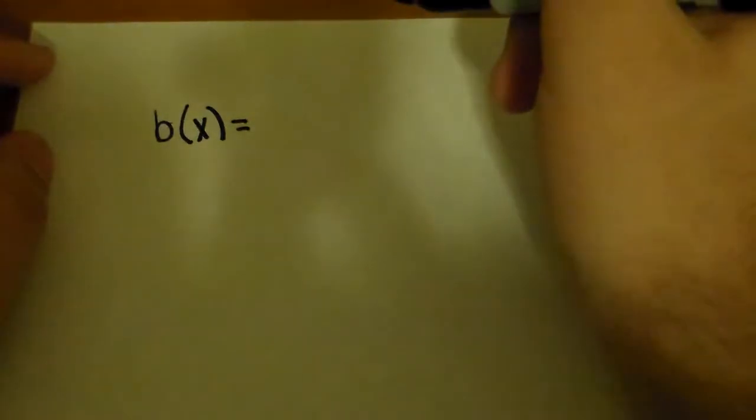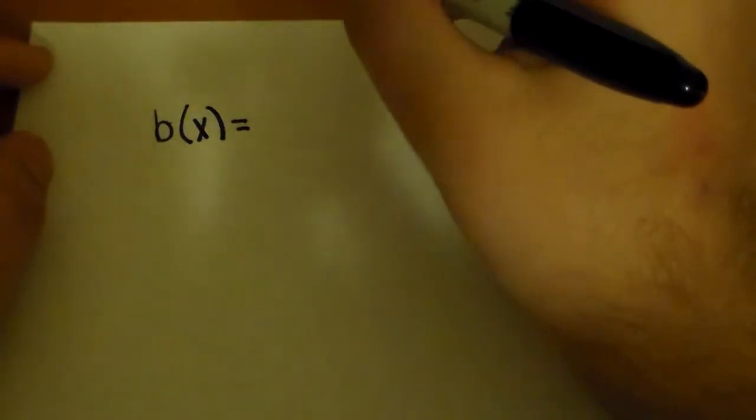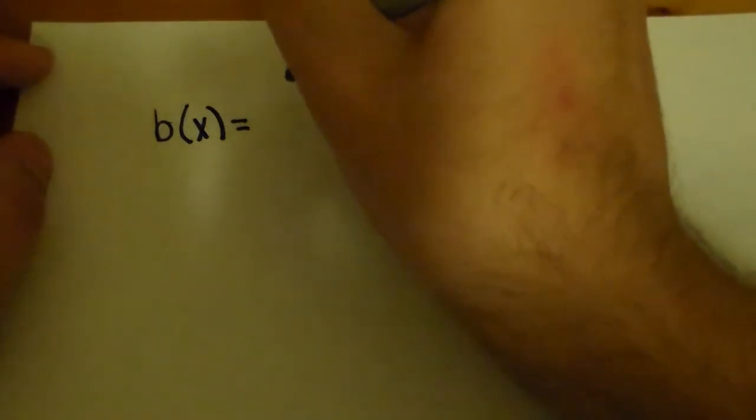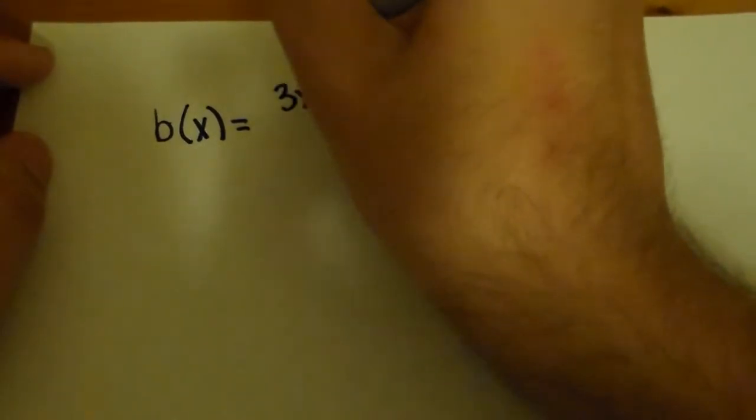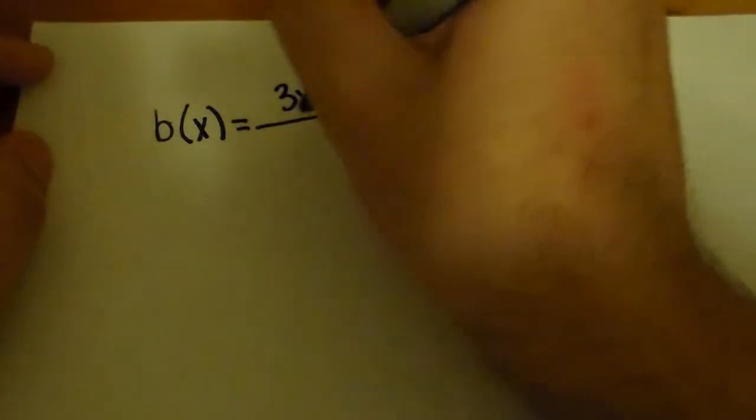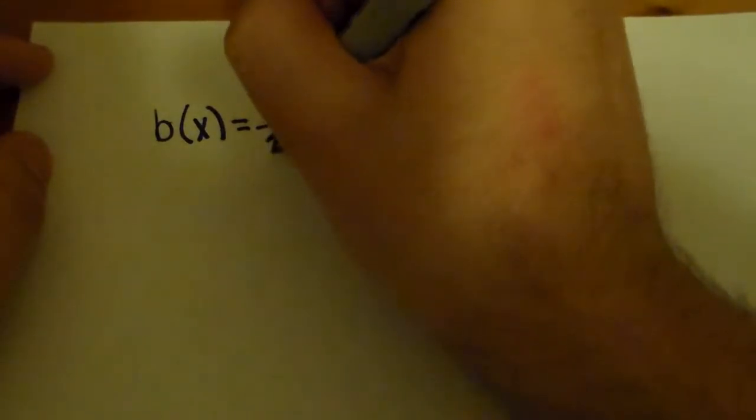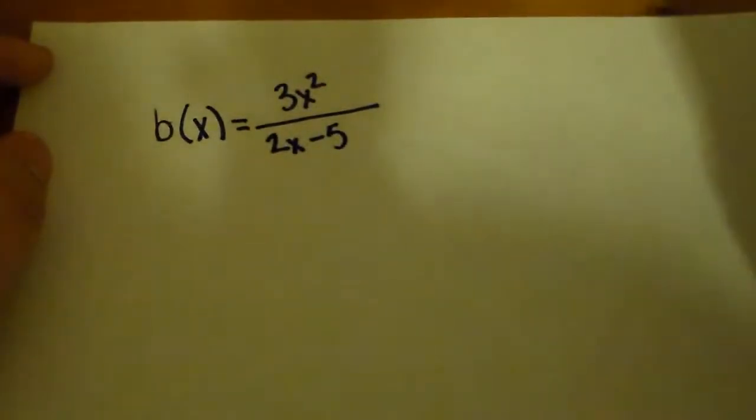Let's just do one more problem with the quotient rule. So let's just do b of x equals, let's say, 3x squared over 2x minus 5.